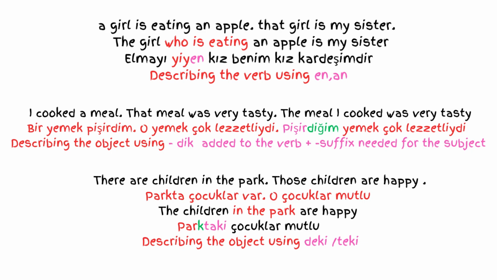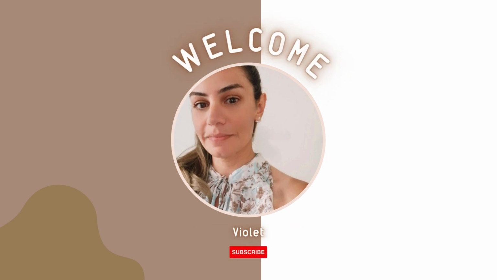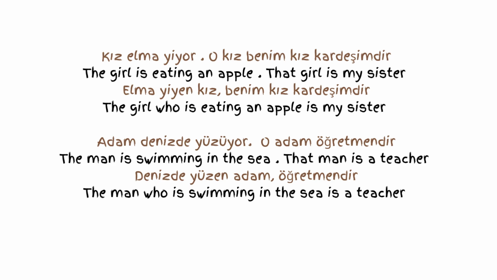Let's have a look. Kız elma yiyor means the girl is eating an apple. O kız, that girl, benim kız kardeşimdir, is my sister.